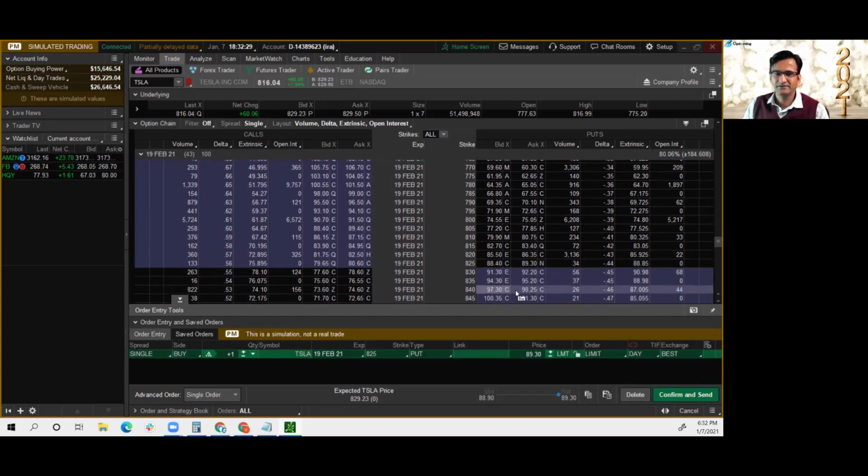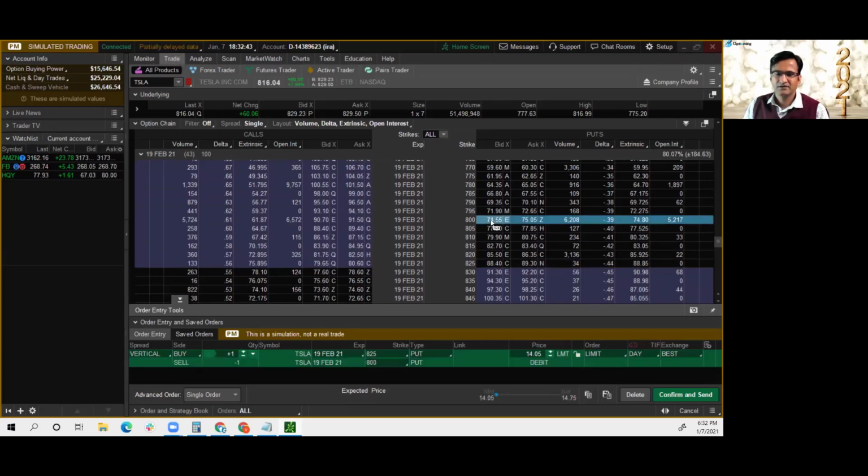So instead of buying just a put, you can buy a put spread. That means you buy a put, and then you go down and sell a put at a lower strike price. As we saw in a short put spread, because now you bought a put, your maximum profit is limited to the difference between the strike prices, minus the premium that you have to pay upfront.